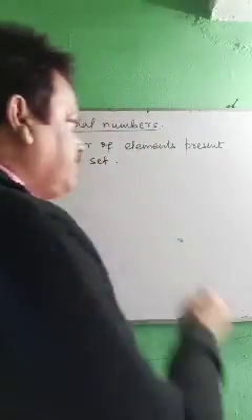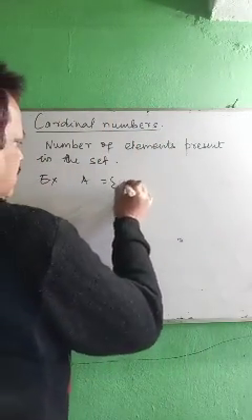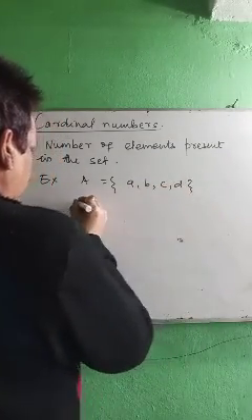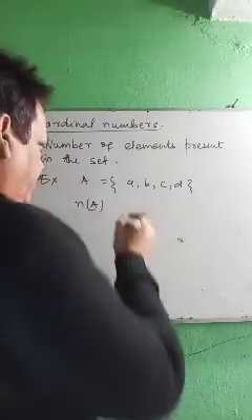For example, suppose A is the set {a, b, c, d}. So what is n(A)? Cardinal number means number of elements. How many? 4.